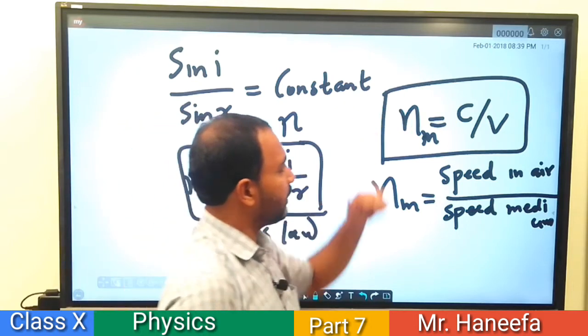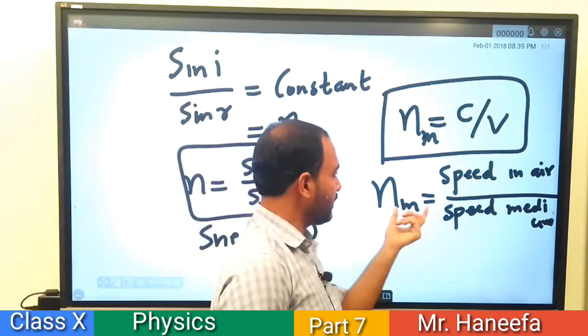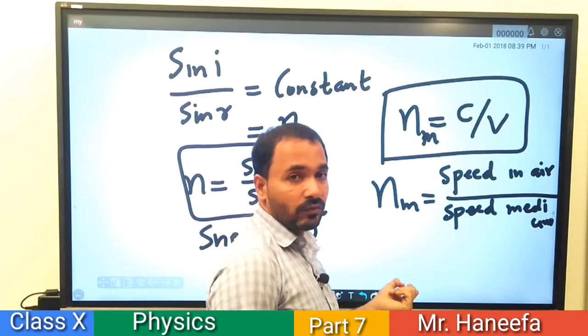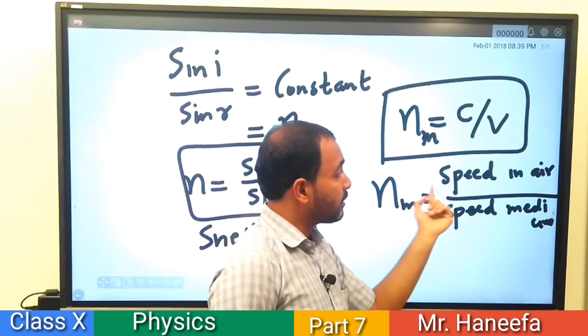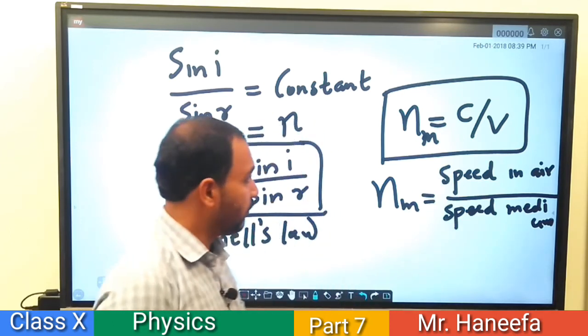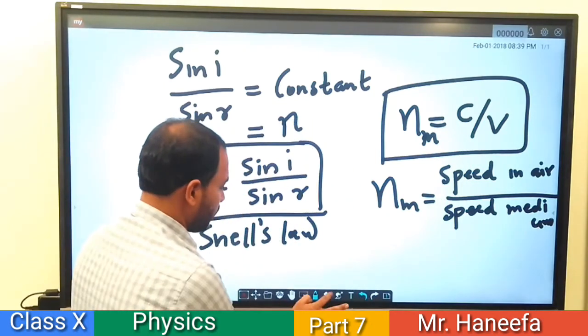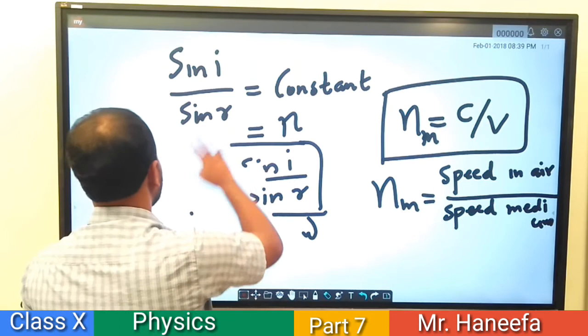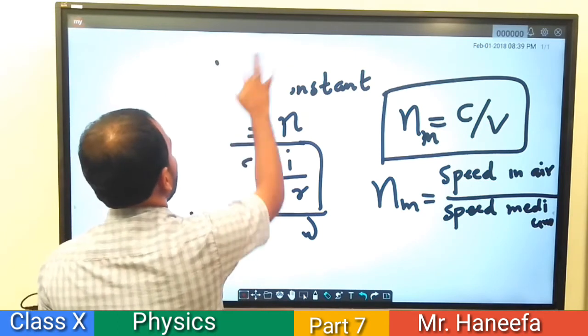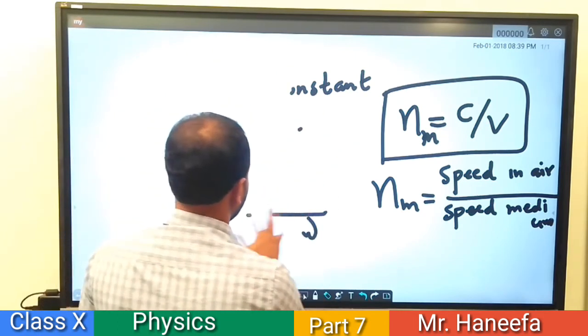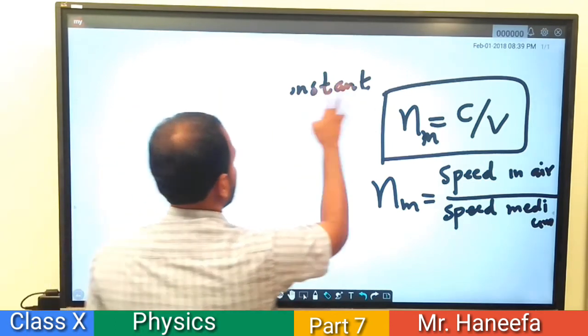Another is nm equal to c by v, where nm is the refractive index of the medium, c is the speed of light in air and v is the speed of light in medium. So these are the two equations to find refractive index.